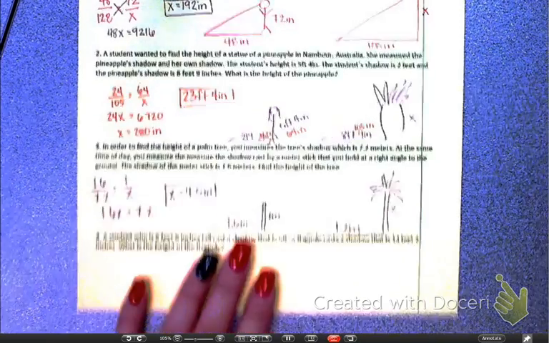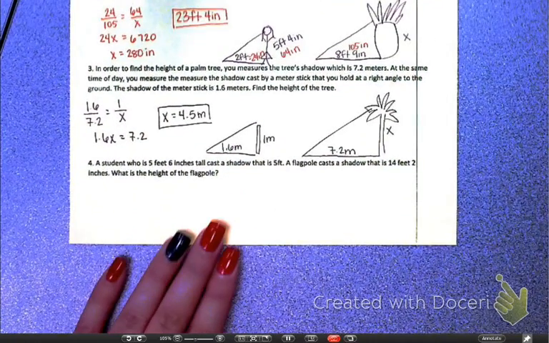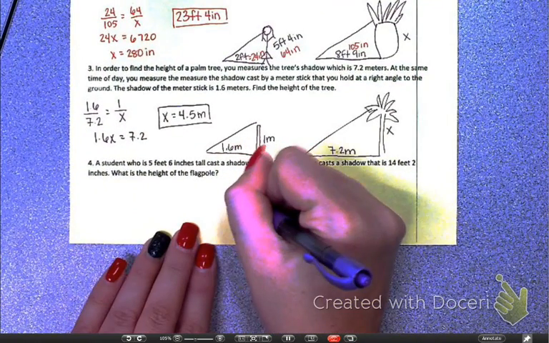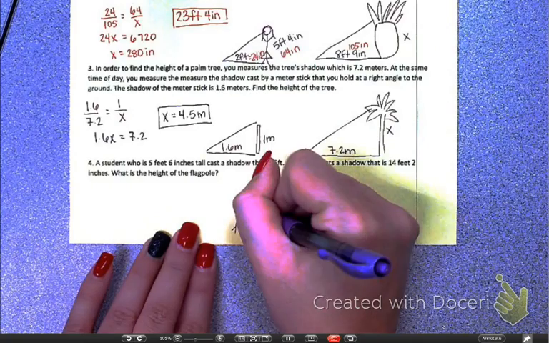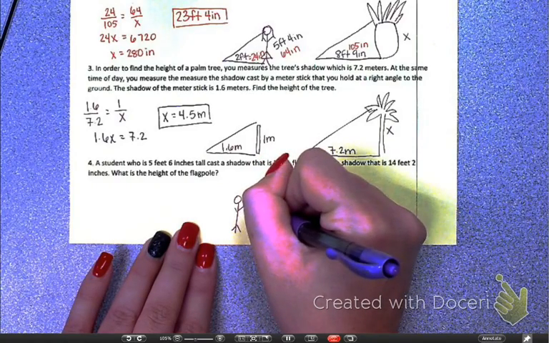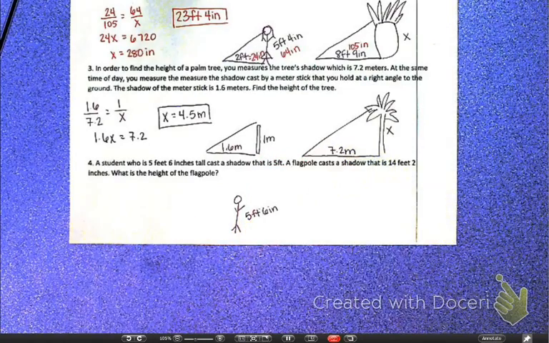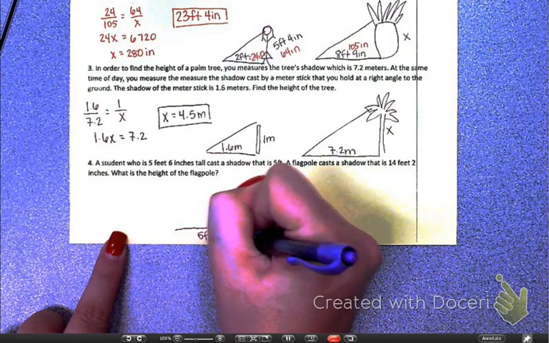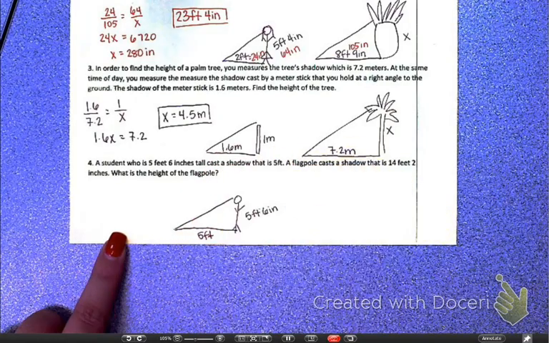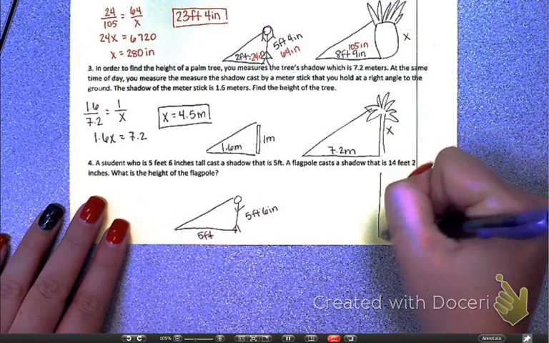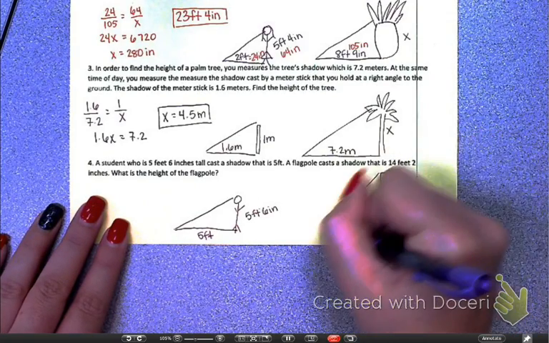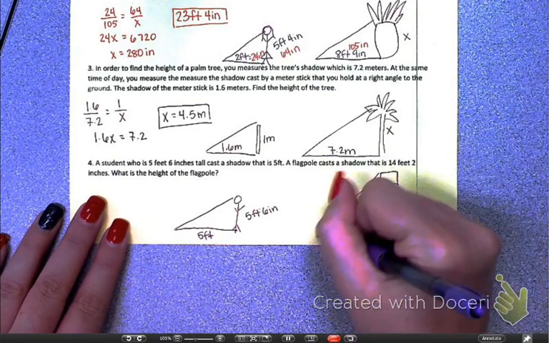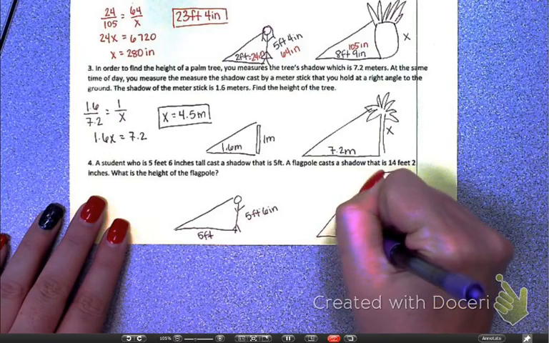Okay. Number 4, a student who is 5 feet 6 inches tall casts a shadow that is 5 feet. A flagpole casts a shadow that is 14 feet, 2 inches.